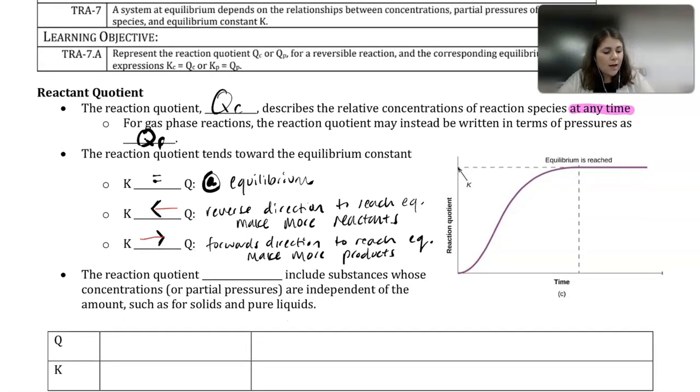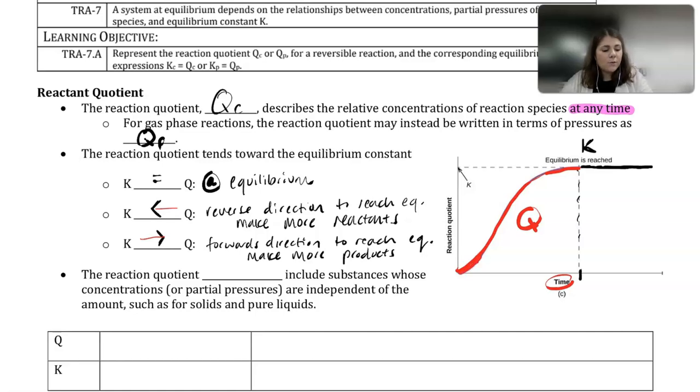So if you look at this graph, K at this point in time, this is where K is, because you can see this is where it's staying constant. Everything to the left, this would be what Q is. Q is at any time. Now, Q could be right here, but we wouldn't know until we were able to compare K and Q, whatever K's value is.